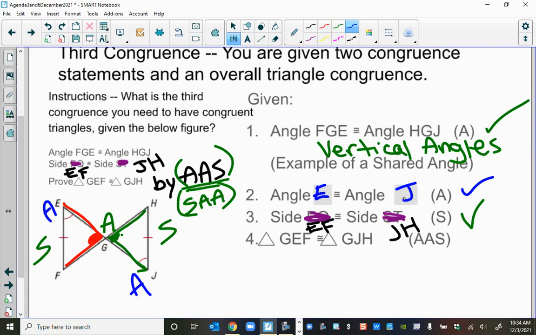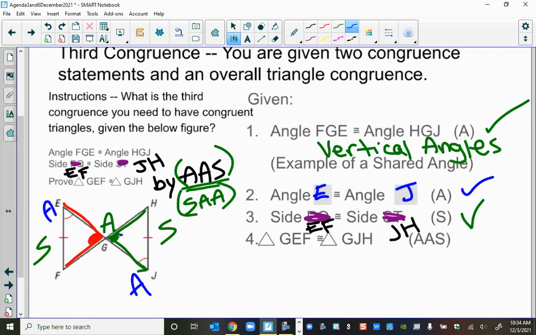In the end, these two should have been given, and these should have been the ones we needed to discover. Because the goal is for everybody to see these two angles were congruent, like this one right here and this one right there, because they're vertical angles. And then we would have had the AAS or the SAA going that way. So that's my mess up.